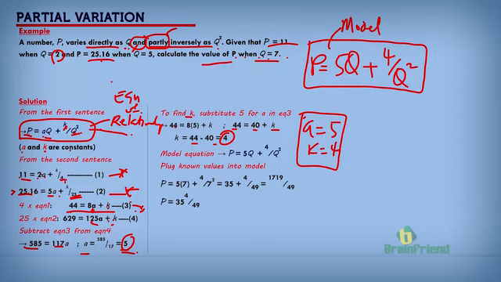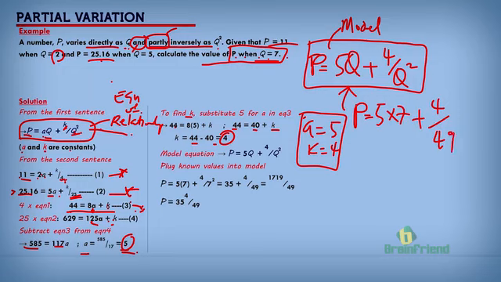Now we can input the values given to us to find P. We said find P when Q is 7. So wherever we find our Q, we replace it with 7. P, therefore, from the model equation, will give us 5 times 7 plus 4, all over 7 squared, which is 49. 5 times 7 is 35.